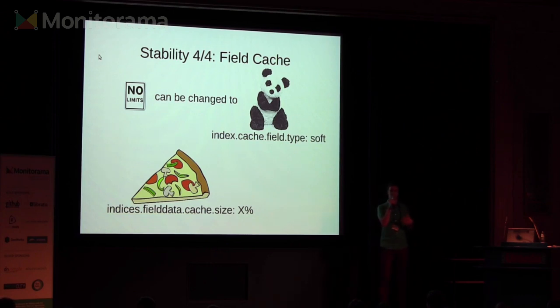The default is that this field cache type is resident and unbounded, so that might blow up your memory. A way to prevent that is to change the cache type from resident to soft, which means the garbage collector will be able to reclaim some of that memory if it becomes too much.